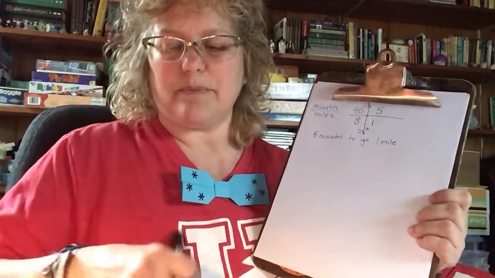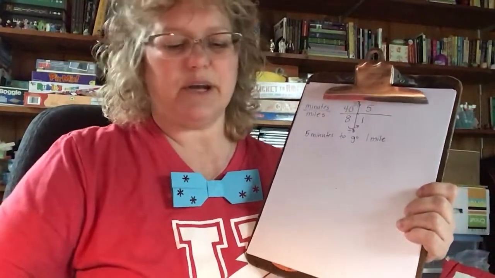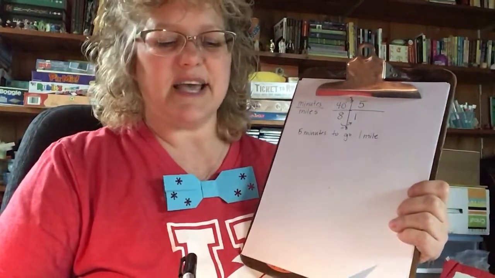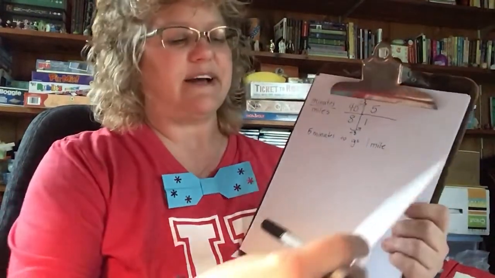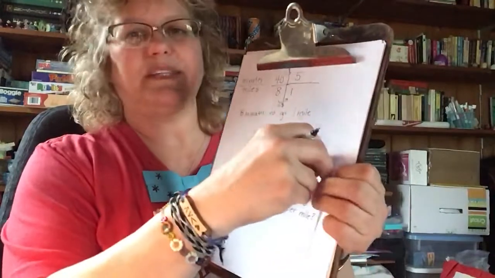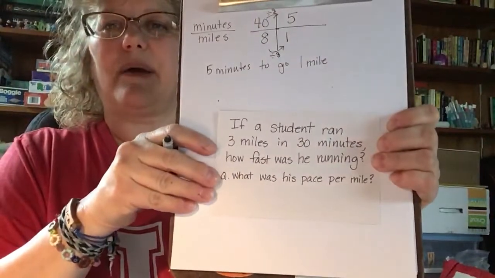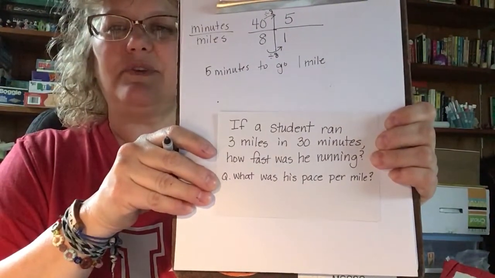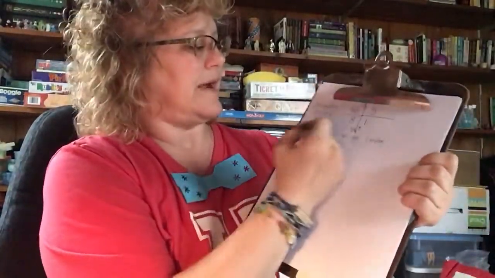Here's the problem. If a student ran 3 miles in 30 minutes, how fast was he running? What was his pace? I'll give you the problem. Pause if you need. All right. Same minutes over miles. All right.